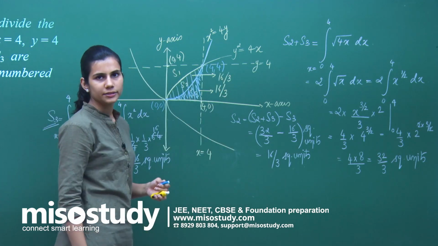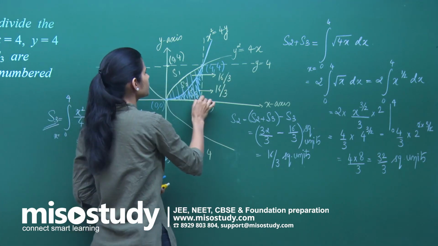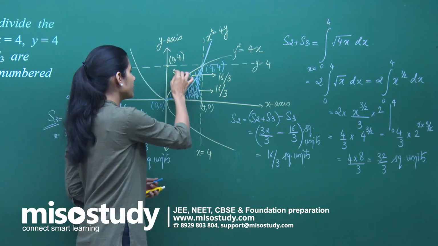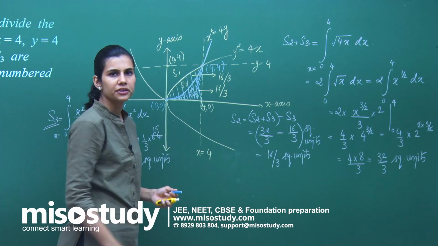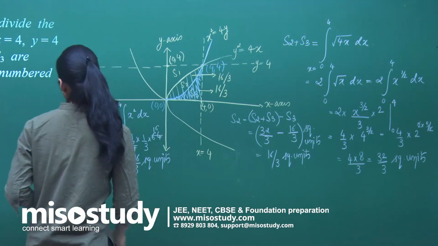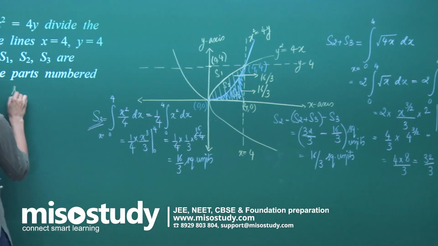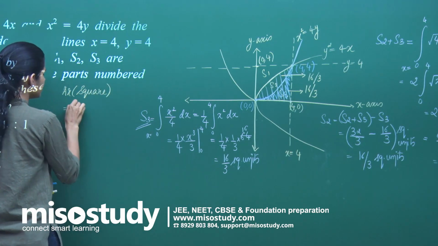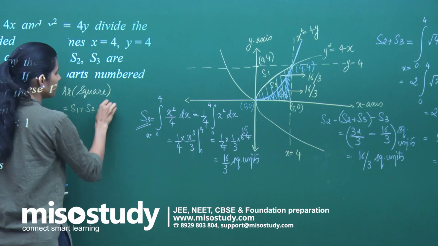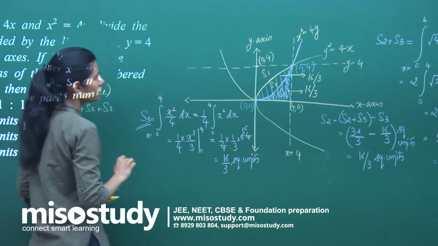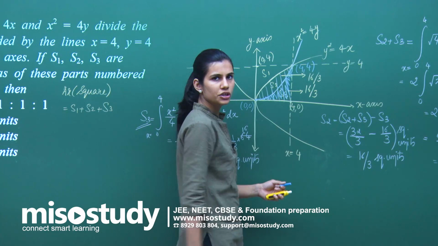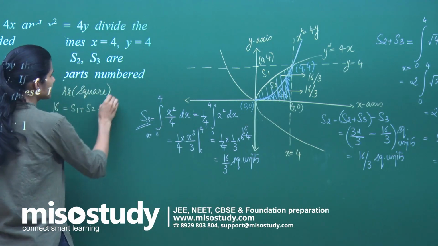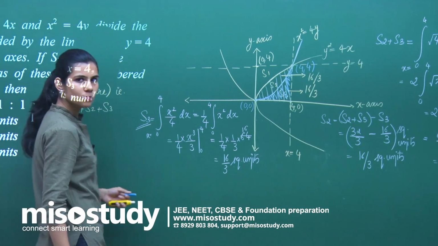What about S1? Because this entire square is getting divided into S1, S2, S3, that means S1 plus S2 plus S3 is equal to the area of the square, right? What is the area of the square? The side length is 4. So area of the square is side square, which is 4 square, which is 16. So 16 is S1 plus S2 plus S3.